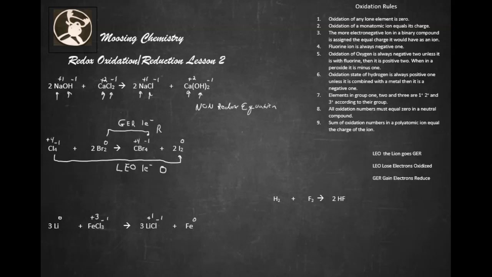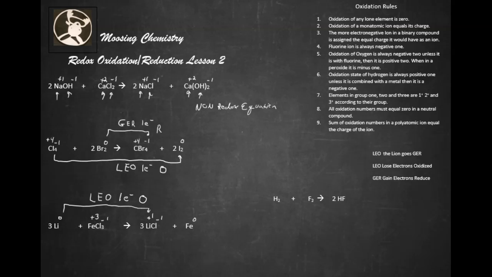But look at our lithiums. It goes from a 0 to a +1. So that means it loses an electron. So Leo is lose electrons, oxidize. So it's going to lose just 1 electron. And we're going to call that O for oxidizing.